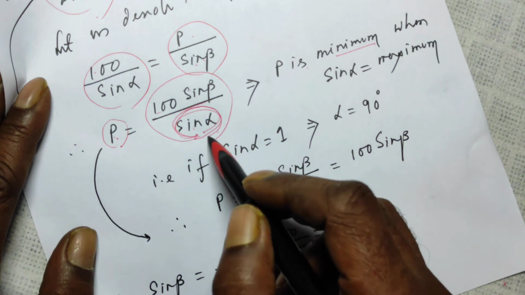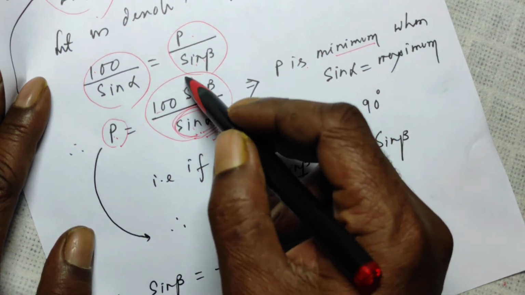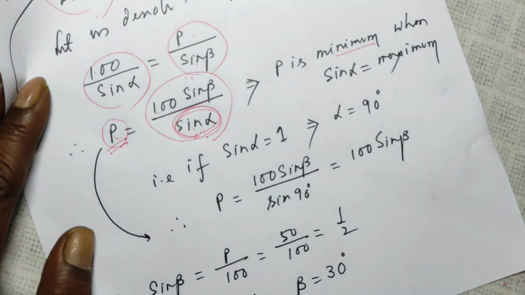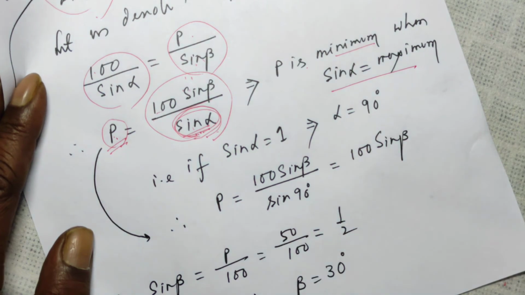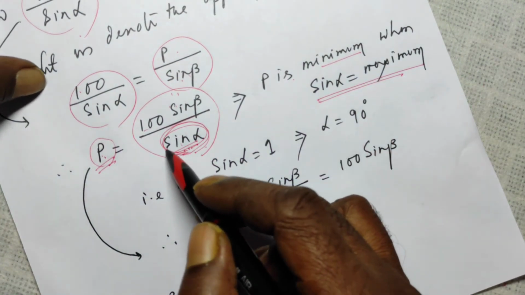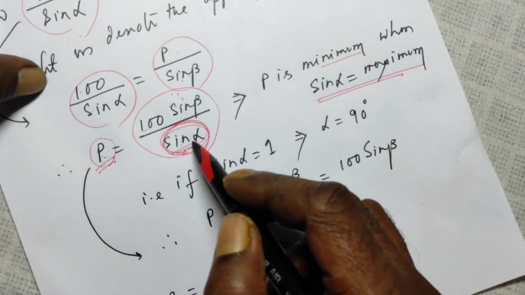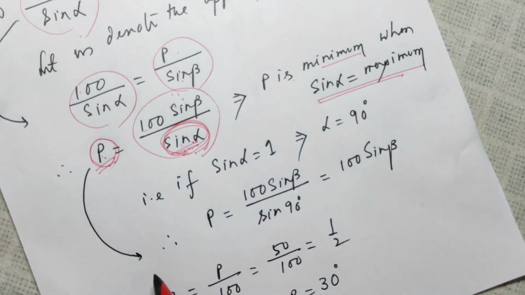If the denominator becomes maximum, the value of the fraction will become minimum. So sine alpha has to be maximum, and then P will be minimum.